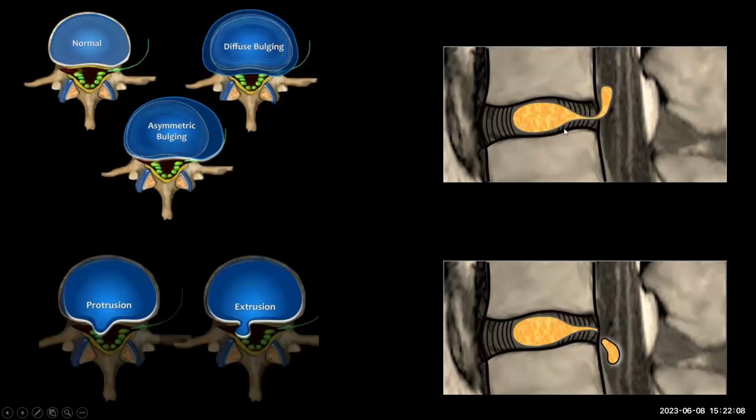So this is an example where the herniated disc has migrated cranially. So any migration of the disc automatically upgrades it to an extrusion, irrespective of whether the base is wide or not. In a sequestered disc, the disc loses its connection with the parent disc and lies separate from it. So that becomes a sequestered disc, as opposed to an extruded disc.